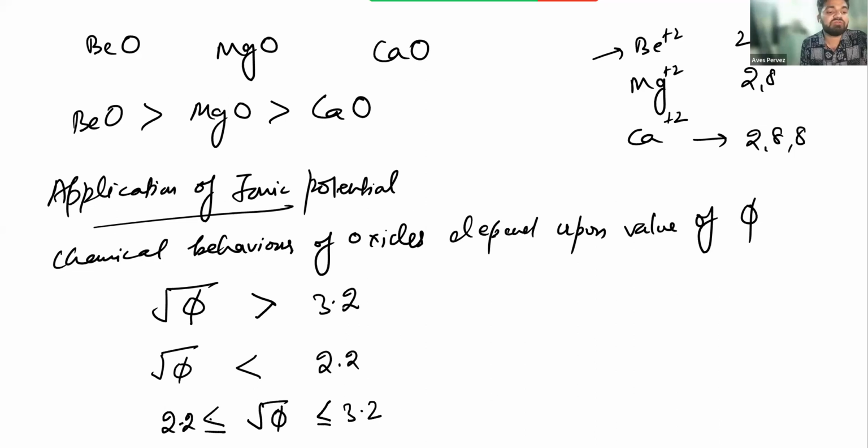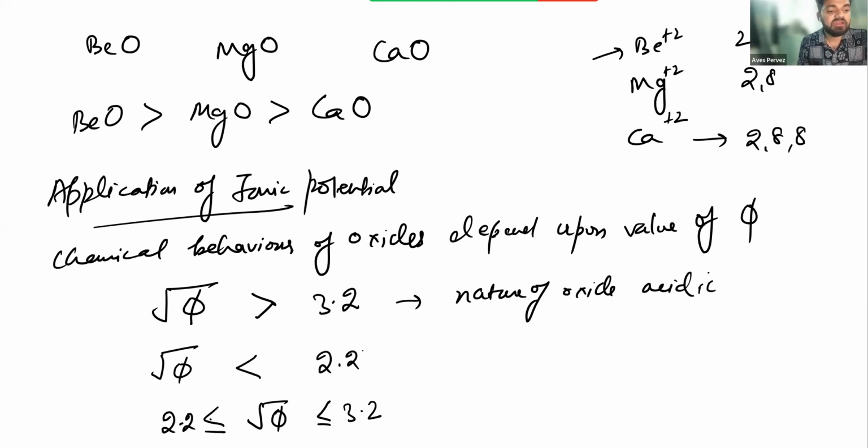So if the value of phi is greater than 3.2, the nature of the oxide will be acidic. You know that metal oxides are basic in nature, but if it is greater than 3.2, then it is acidic in nature.